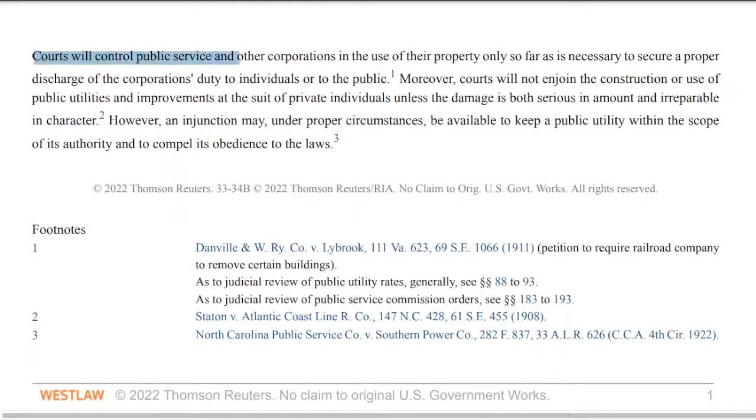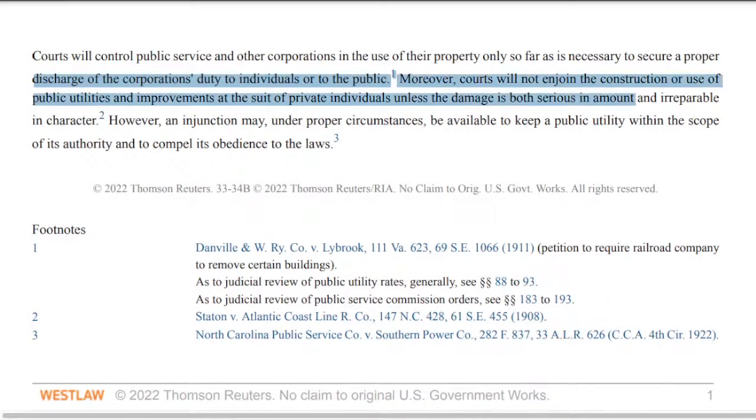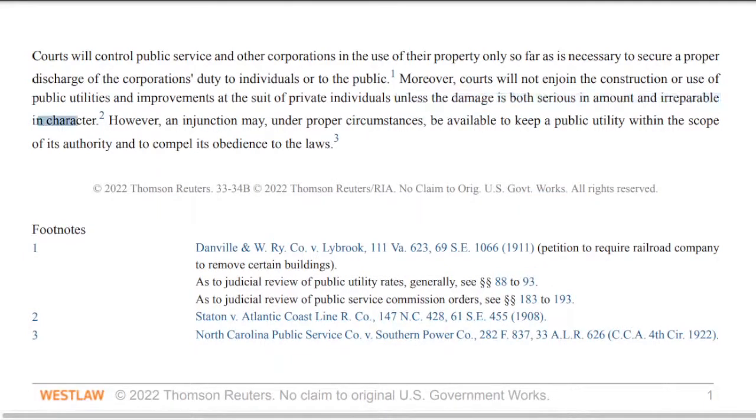Courts will control public service and other corporations in the use of their property only so far as is necessary to secure a proper discharge of the corporation's duty to the individuals or to the public. Moreover, courts will not enjoin the construction or use of public utilities and improvements at the suit of private individuals, unless the damage is both serious in amount and irreparable in character.